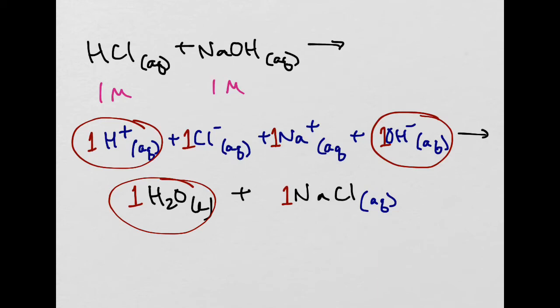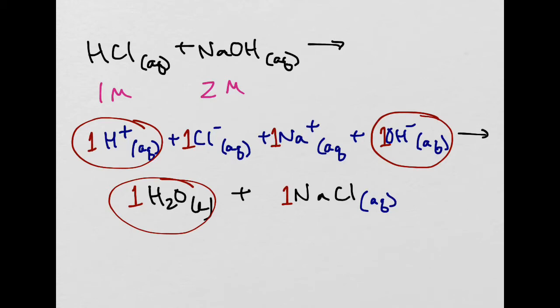If I didn't have that, let's say I had a situation instead where I didn't have 1 mole of sodium hydroxide, but instead I had 2 moles of sodium hydroxide. If that were the case, then I'd have twice the number of moles of hydroxide ions as compared to the hydrogen ions.